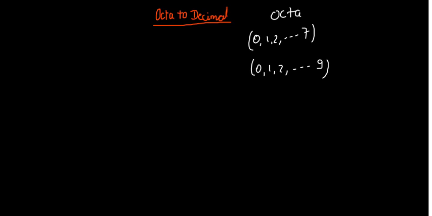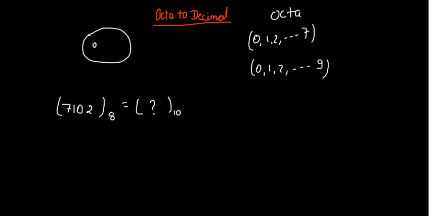That's why we use a notation. Let's write a subscript 8, which means octa, and use the number 7102 in the octa number system. Our question is what it will become in the decimal number system. Nice question, right? So how do you think it can happen?